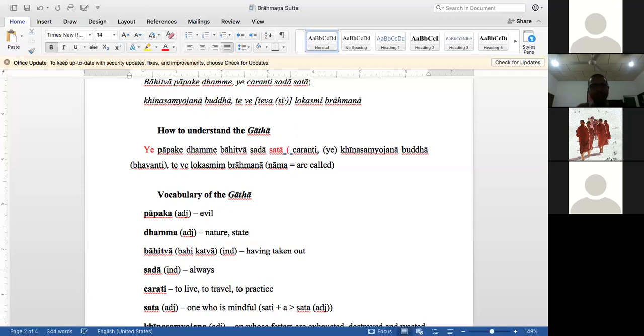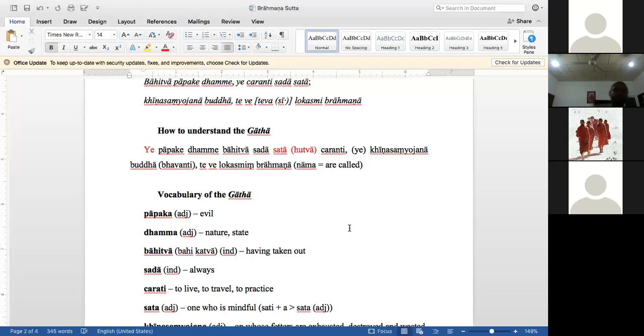Sata, you can say Hutva or Samano. It depends on the context, like Satimanto. So the commentary gives Hutva, being mindful.